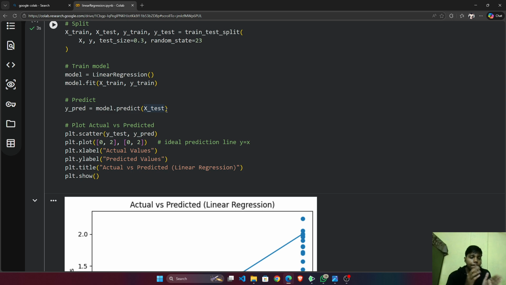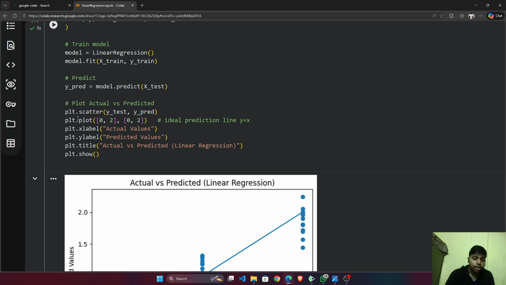First we have given it data to get trained. Then after completing its training, it's time for the model to predict the value. So we are giving the x_test data that we have separated from the training data, and then we tell it to predict.